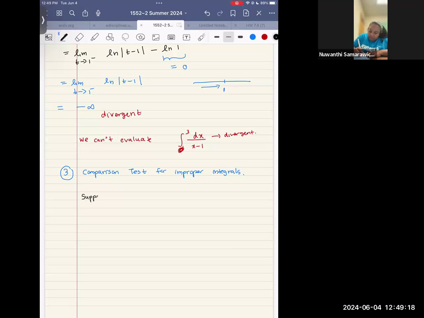Suppose f and g are continuous functions with f of x greater than or equal to g of x for x greater than a.